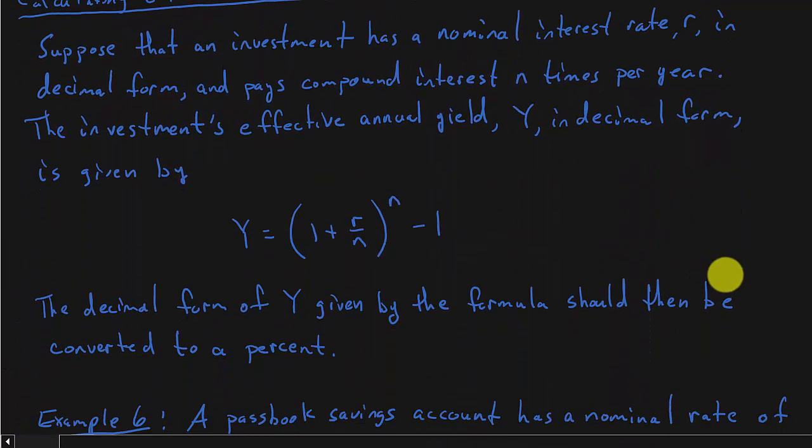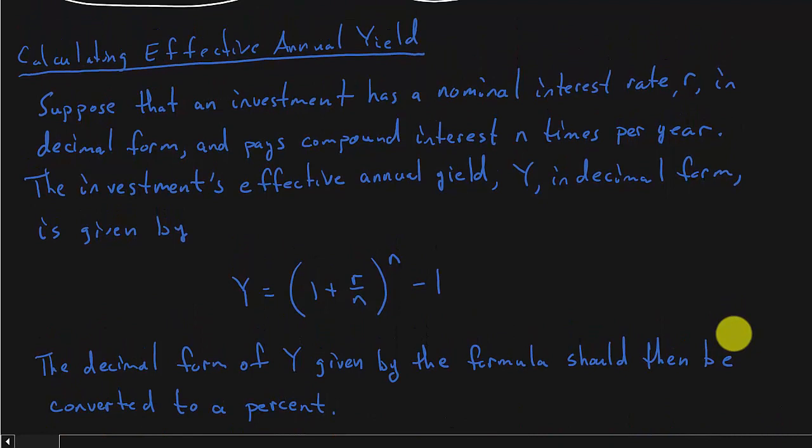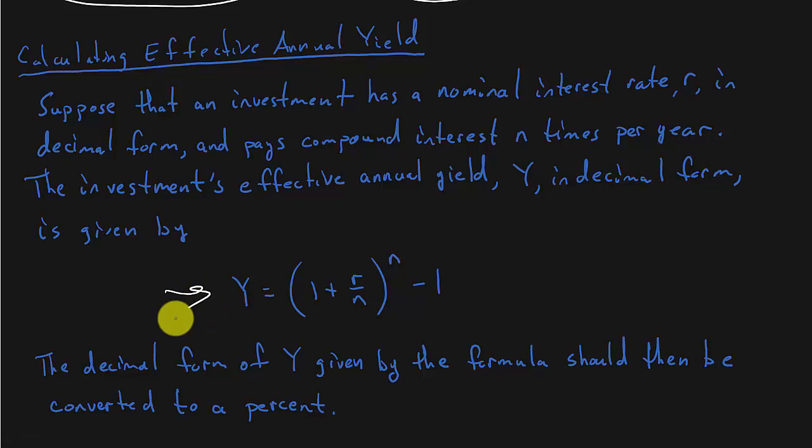Here is a formula. Calculating effective annual yield. Suppose that an investment has a nominal interest rate R, that's what I was talking about, that 8%, in decimal form, and pays compound interest N times per year. The investment's effective annual yield, Y, in decimal form, is given by this formula here: Y equals (1 plus R over N) raised to the N, minus 1.